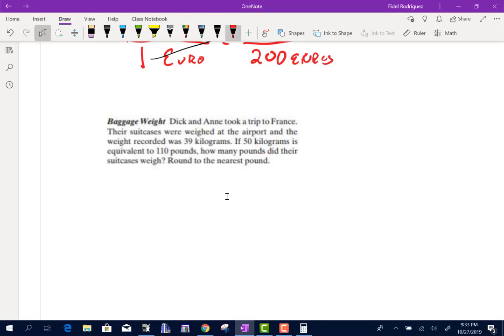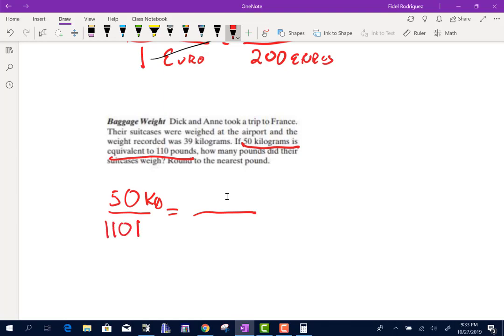Okay, so again, first thing I want to mention here, it's telling me 50 kilograms is the same thing as 110 pounds. So that's going to tell me how I'm going to write my first fraction. We're going to say 50 kilograms is the same thing as 110 pounds. So I don't want you to think that's the number 1,101 lbs for pounds, right?